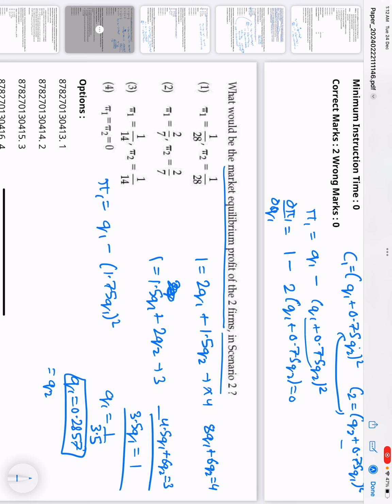This value is coming out to be 0.2857 minus 0.2499, so 0.25. So this value is coming out to be 0.03, and this is close to this value because 1 by 28 gives you the exact value 0.0357. So we are having 0.0357 here as well.